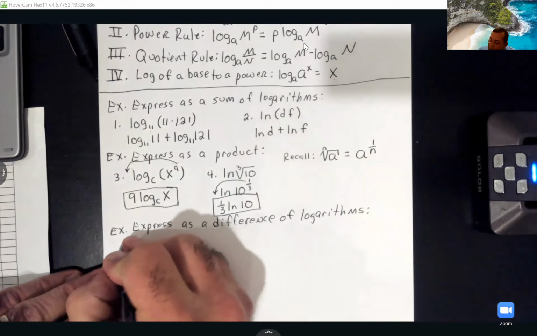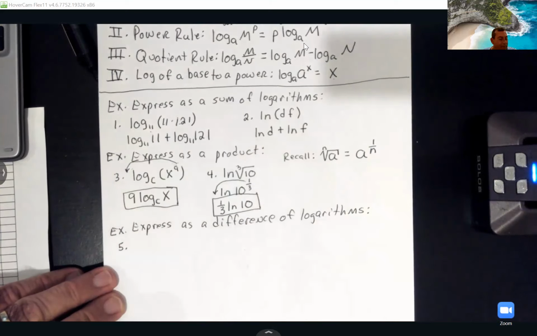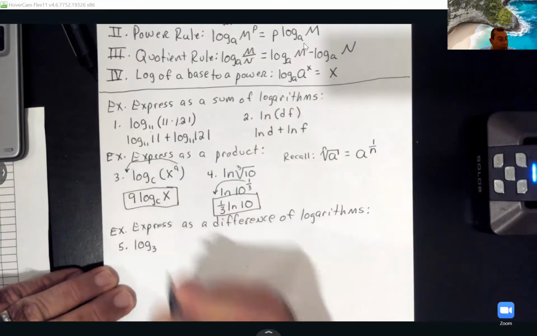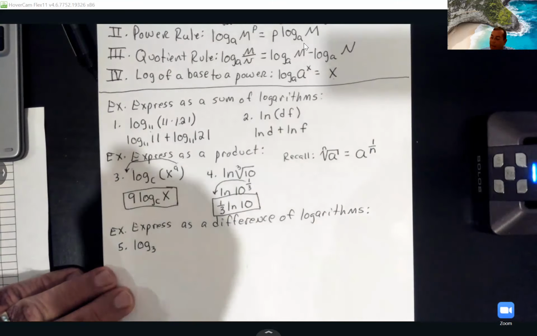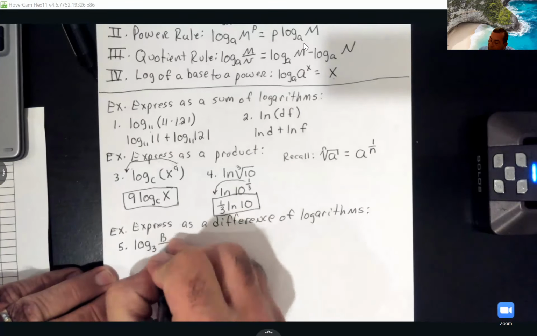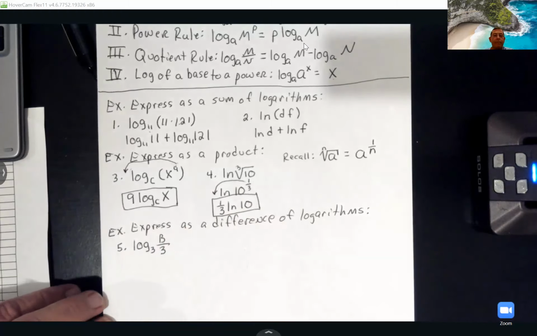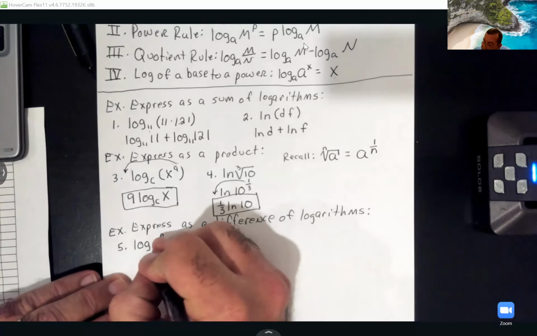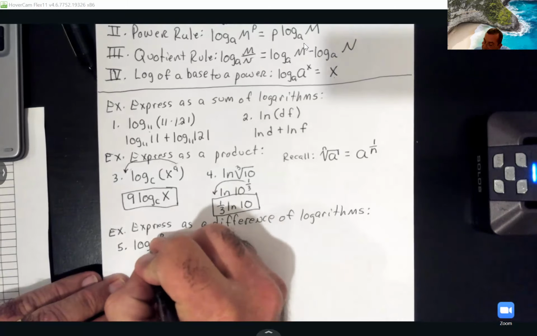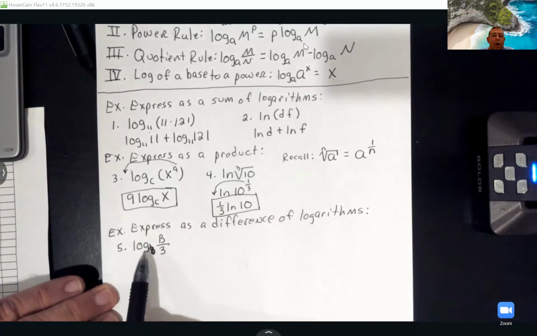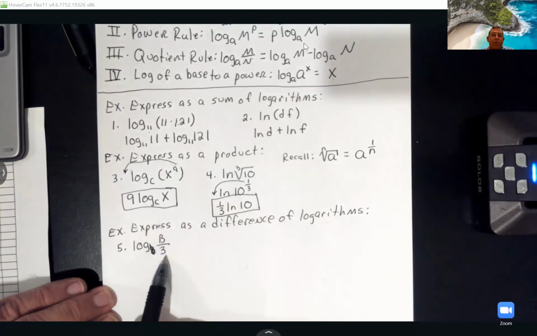So let's see what they did on number 5. They got us a log base 3 of b over 3. Whoops, y'all, that's my bad. This right here was a log of a little b. So change that to a log base little b of a capital B over 3.